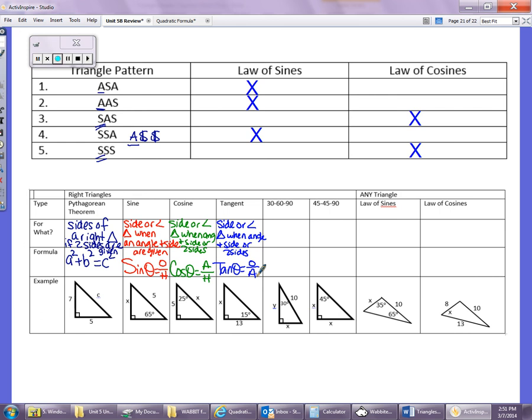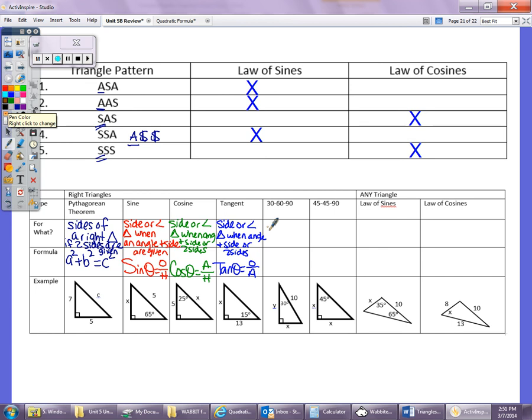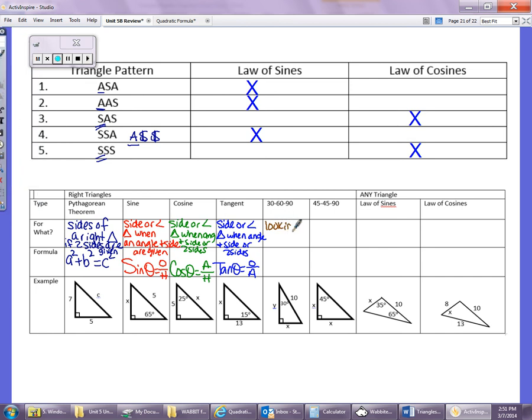Alright, now 30, 60, 90. You would use 30, 60, 90 only when you are looking for the side of a right triangle. Okay, these are all for right triangles. So that formula, there's no formula, it's just a diagram.